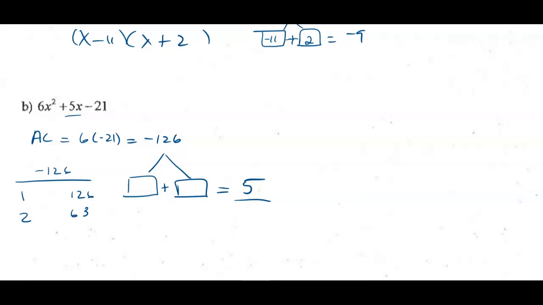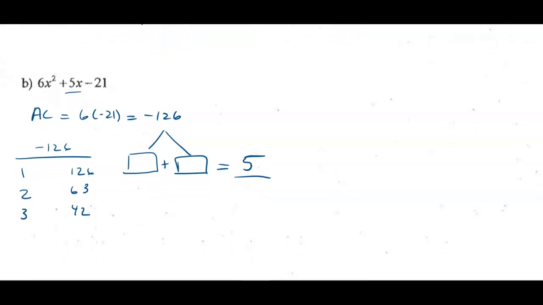That's not going to work because you're not going to be able to get to a 5. Because this is negative, we're subtracting somehow, but that's not going to work. 3. Try 126 divided by 3. I get 3 and 42. That's not going to get me to 5. Let's try 4.